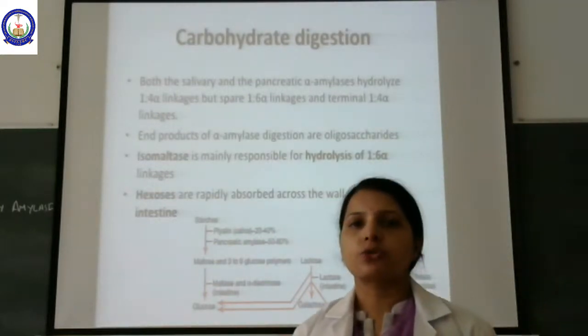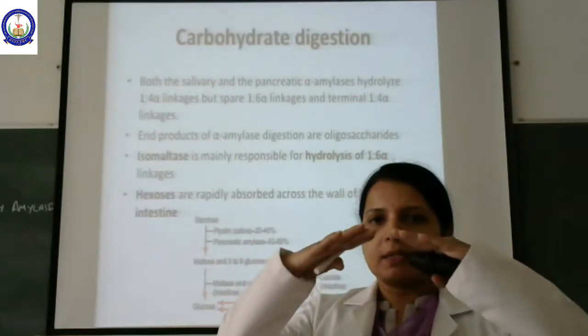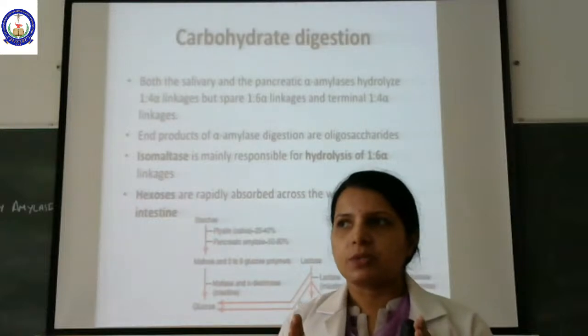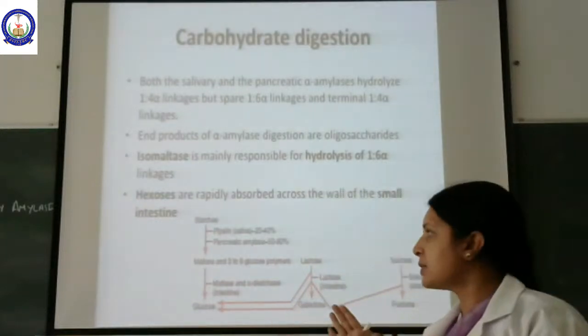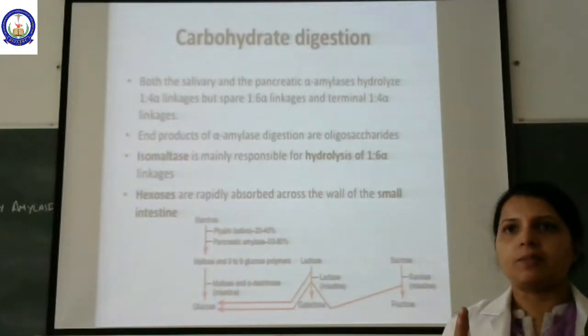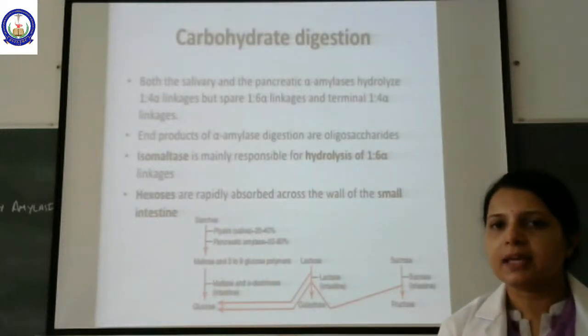Hexoses are sugars made up of 6 carbon atoms, like the benzene ring we have studied. The best examples of hexoses are the monosaccharides, especially glucose, fructose, and galactose.